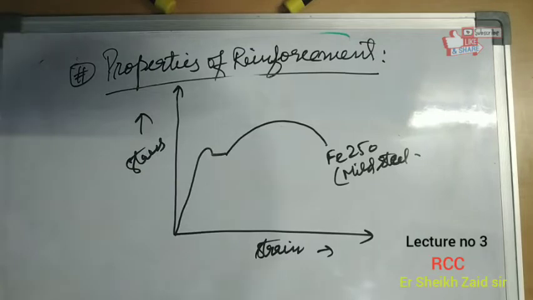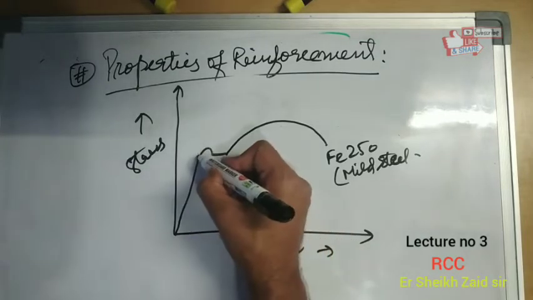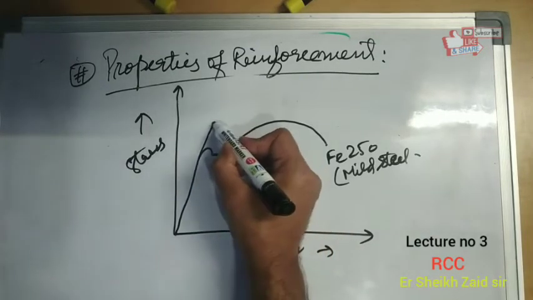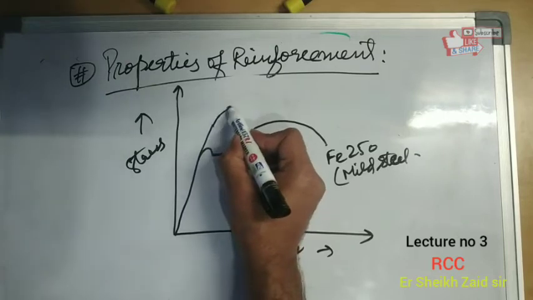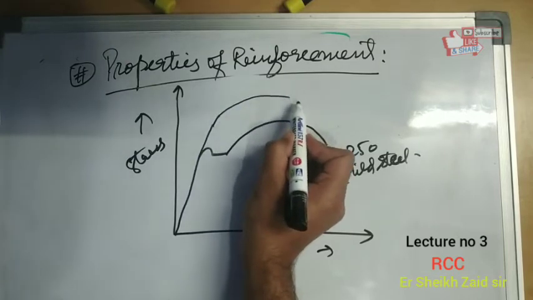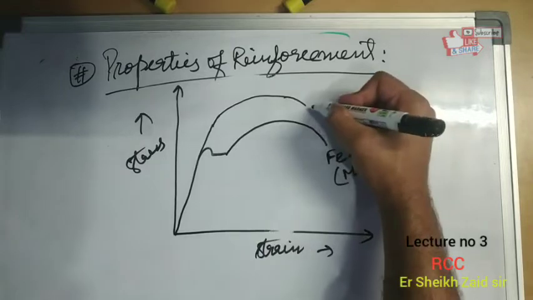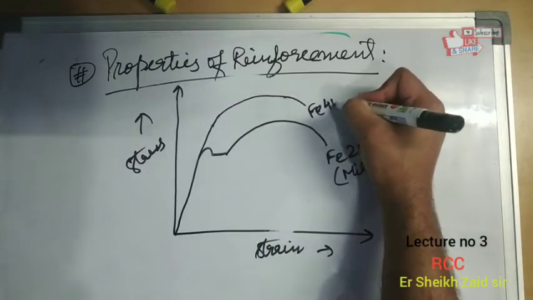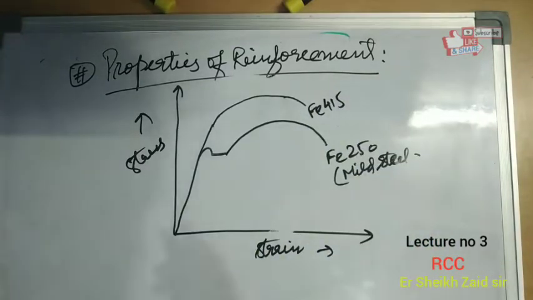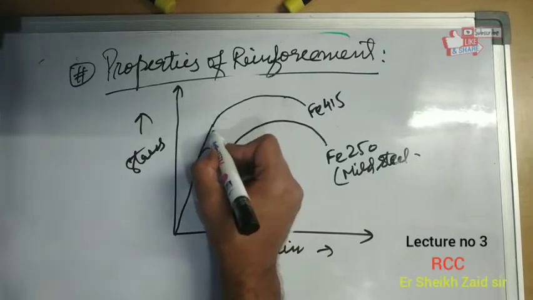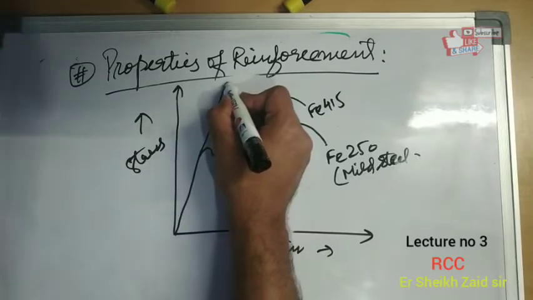Now our next is Fe 415. So its curve is somewhat like this. This is for Fe 415 grade steel. And next one is Fe 500.